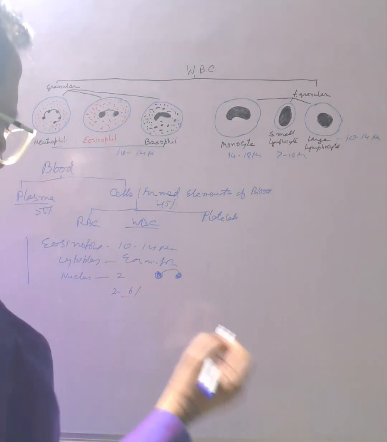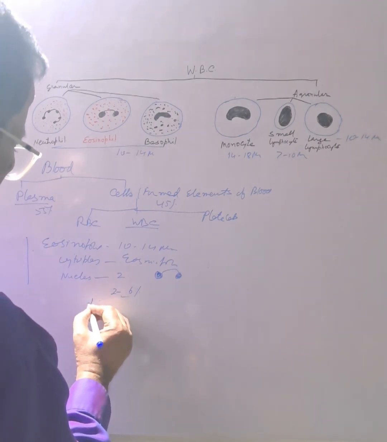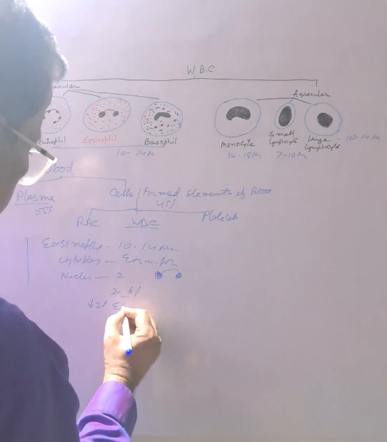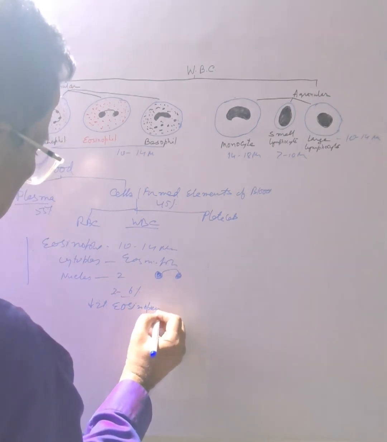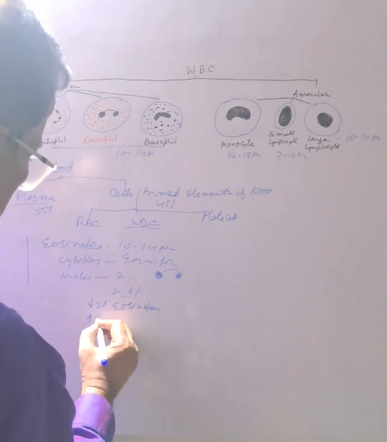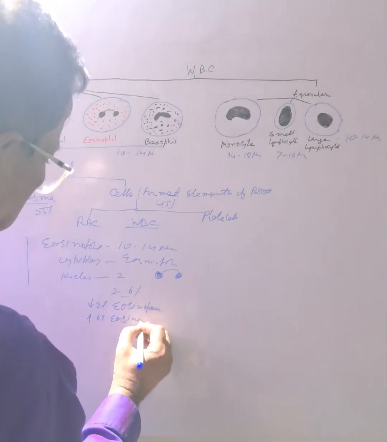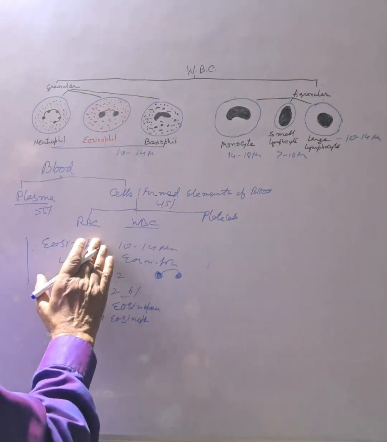This differs in different books, but we take it as 2 to 6%. When it is less than 2%, it is known as eosinopenia. When more than 6%, eosinophilia.